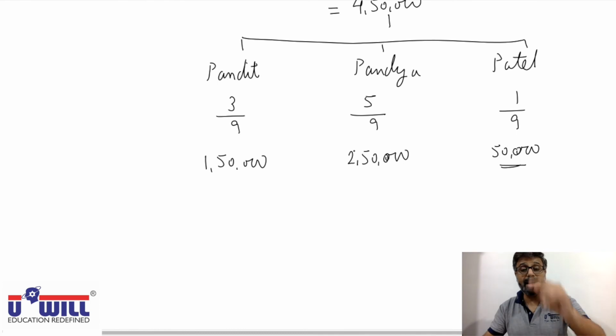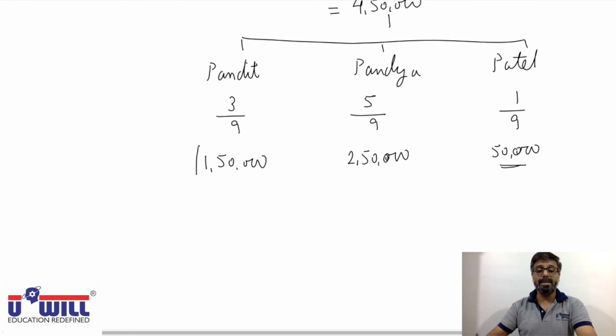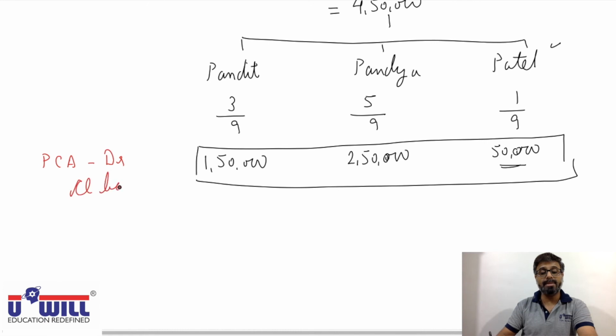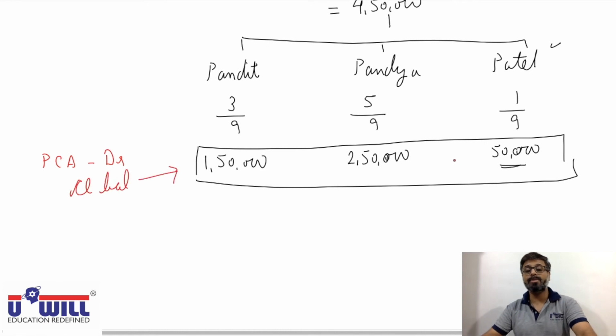Now what steps did I make you write, if you refer to yesterday's lecture? These amounts are obtained on the basis of Patel's capital as a base. If Patel's capital is 50,000, then as per the new ratio 3:5:1, Pandit's capital should be 1,50,000 and Pandya's capital should be 2,50,000. These amounts you write in partner's capital account on debit side as closing balance.